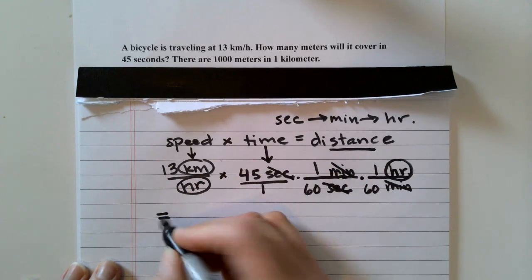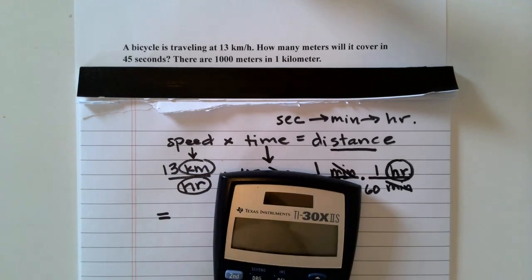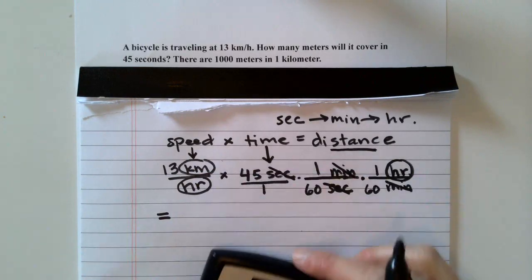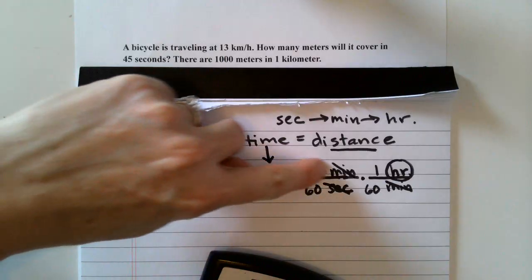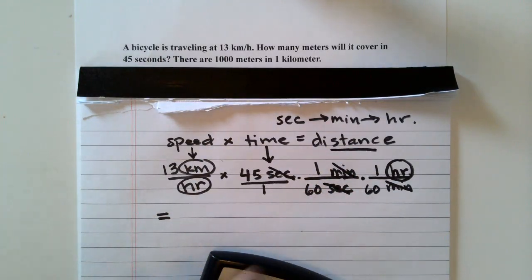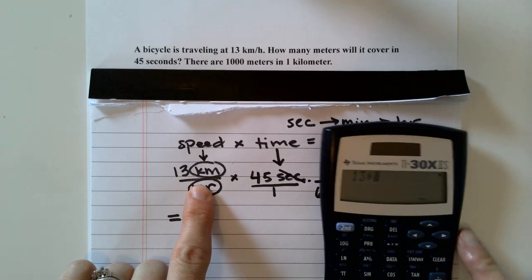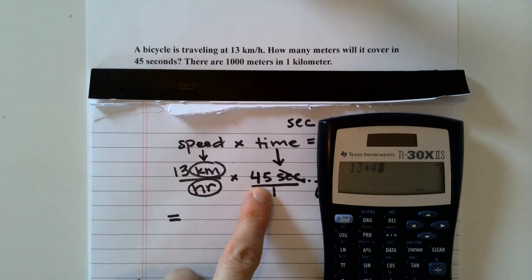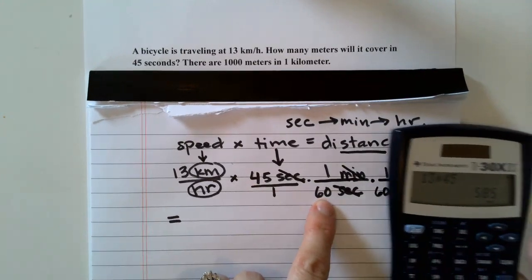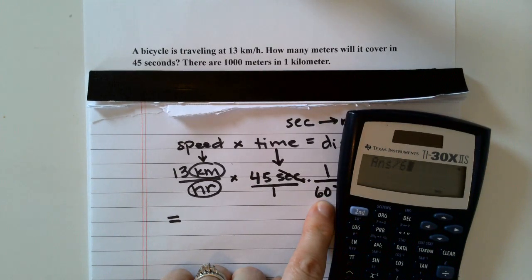So let's get our calculator and multiply. Remember, if the number is on top, then we multiply it. If it's a number on the bottom, then we divide it. So we're going to start with 13 on top times 45 equals 585, which we now need to divide by 60 once.